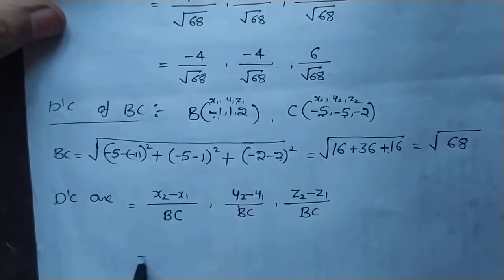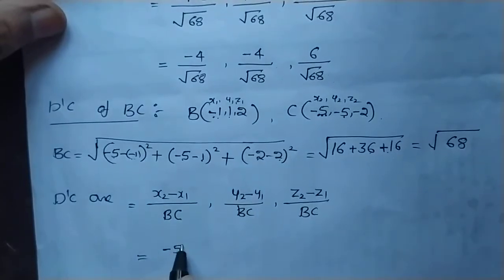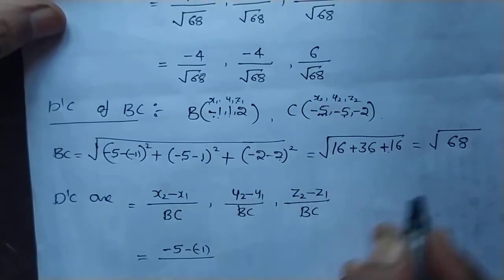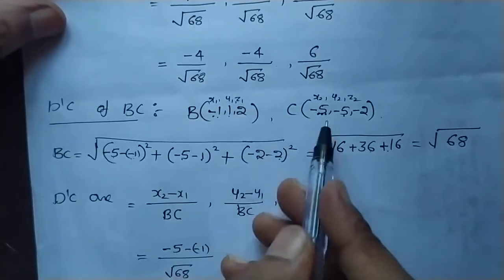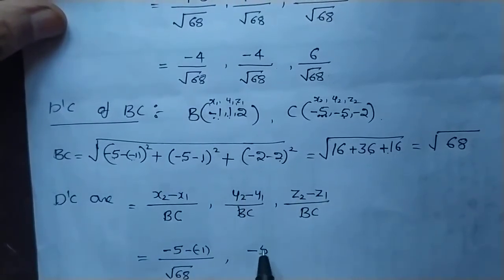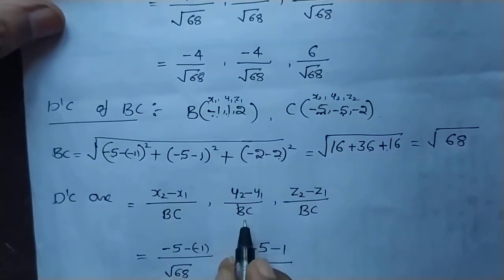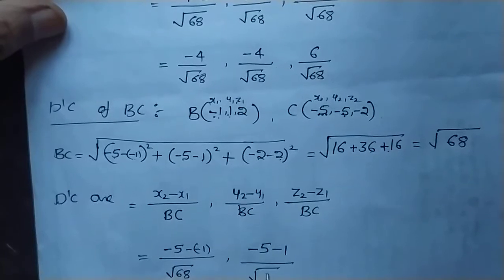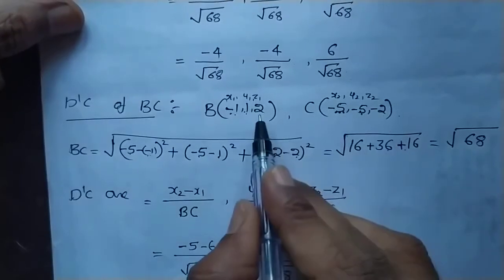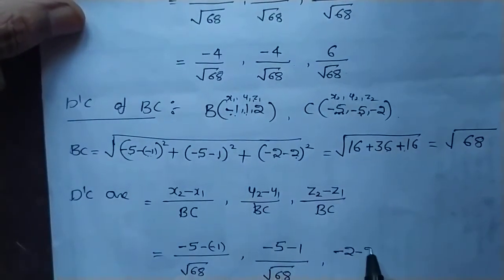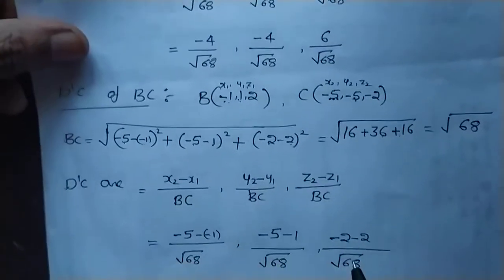That equals (minus 5 minus of minus 1) divided by square root of 68, (minus 5 minus 1) divided by square root of 68, and (minus 2 minus 2) divided by square root of 68.